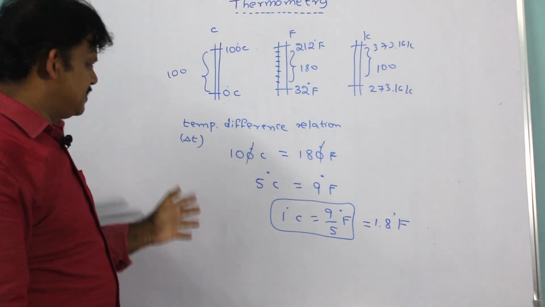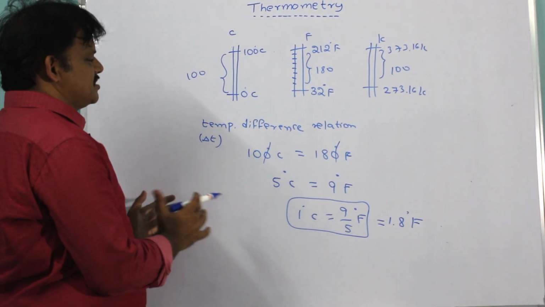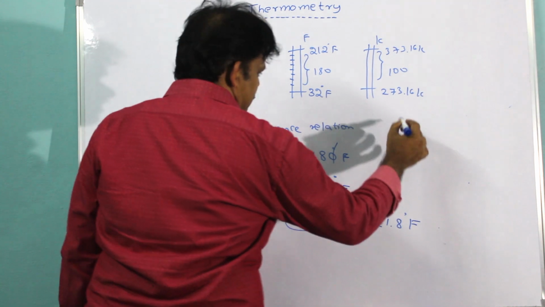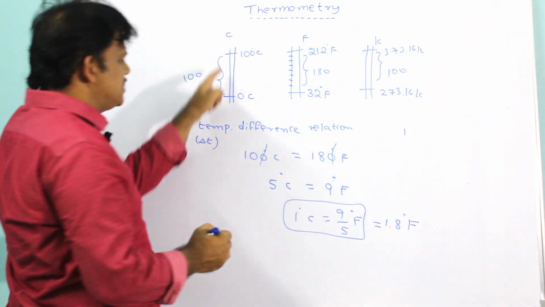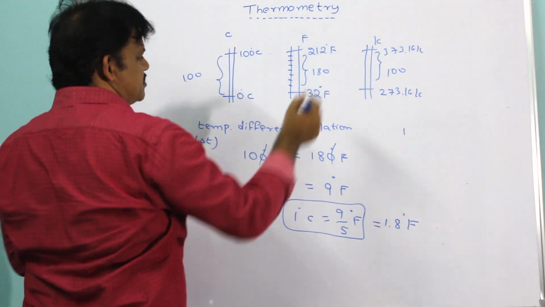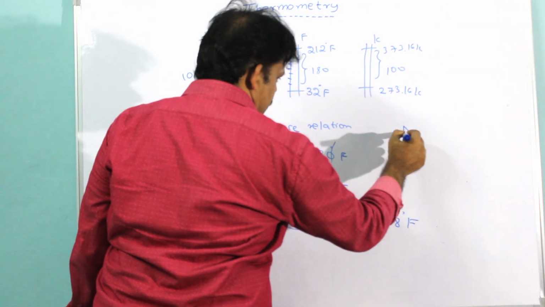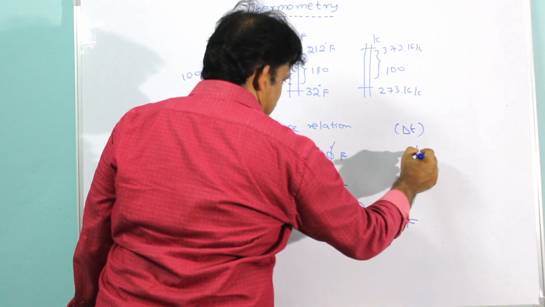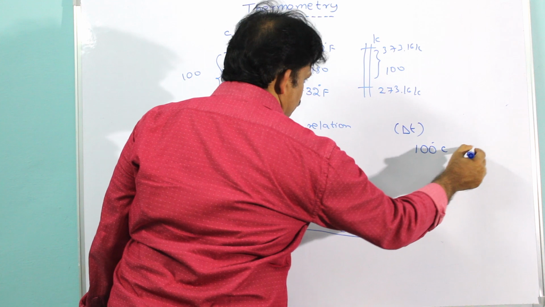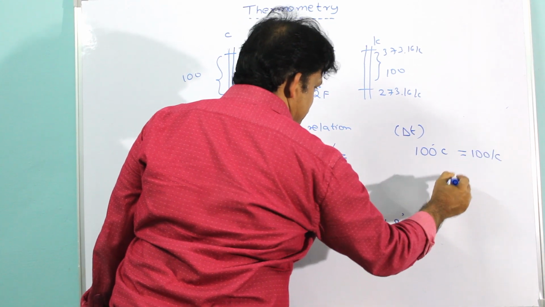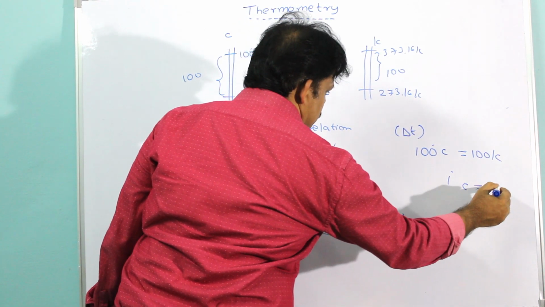In a similar way, let us discuss the relation between Celsius and Kelvin. I can write like this: the gap in the Celsius scale is 100, the gap in the Kelvin scale is also 100. Therefore, delta T relation: 100 degrees Celsius is equal to 100 Kelvin. That means 1 degree Celsius is equal to 1 Kelvin.